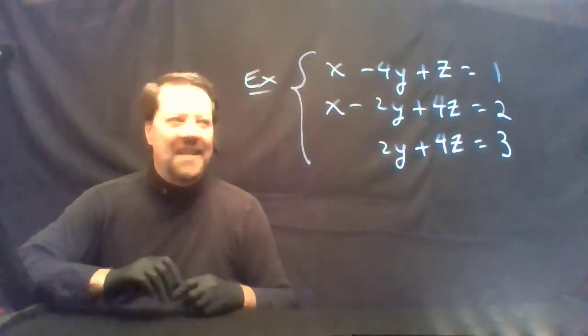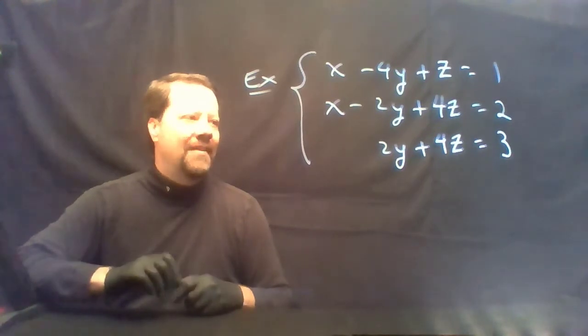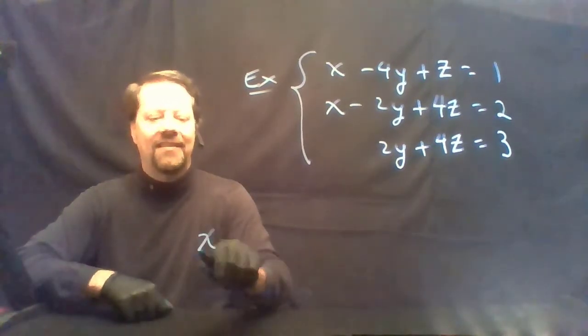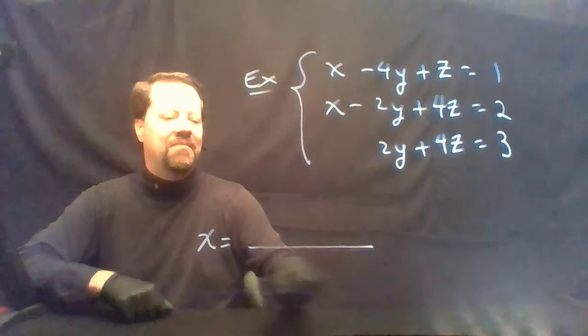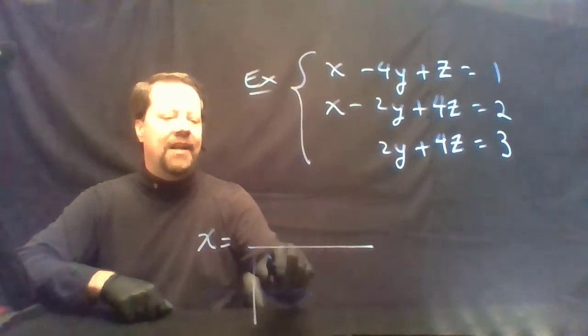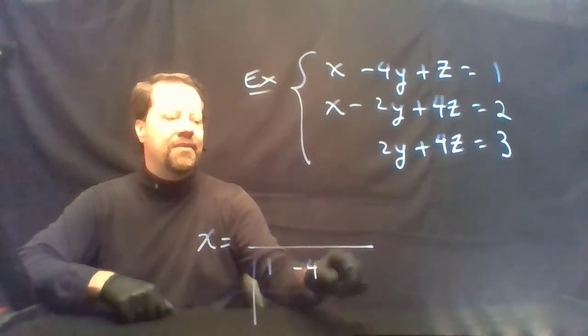As a quick example, let's solve, at least for the x-coordinate of this particular system. The denominator will be the determinant of the coefficient matrix.